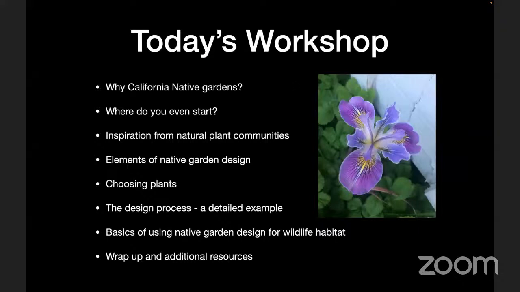We'll look at elements of native garden design, our conceptual toolbox to ground us and direct us as we start thinking about designs for our spaces. We'll talk about the process of selecting plants, with a couple of great online resources for doing that. Then we'll go through a detailed example of the design process. And then, time depending, we'll talk about the basics of using native garden design for wildlife habitat.